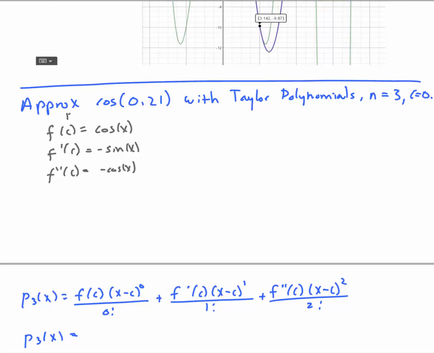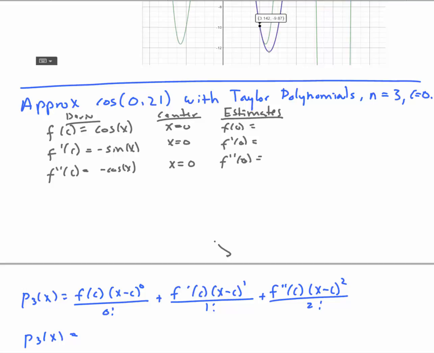So these are my derivatives. These are my center. And these are my estimates. So this would be f of 0, f prime at 0, f double prime at 0.